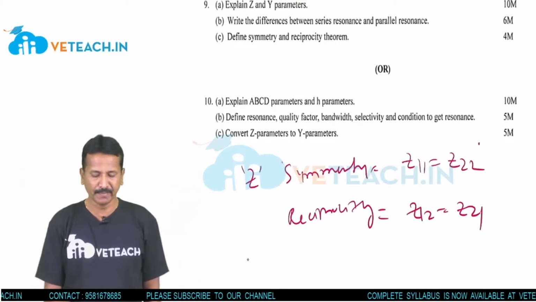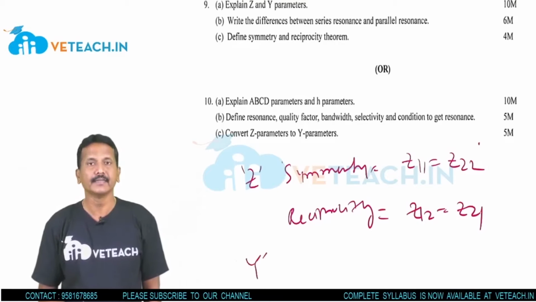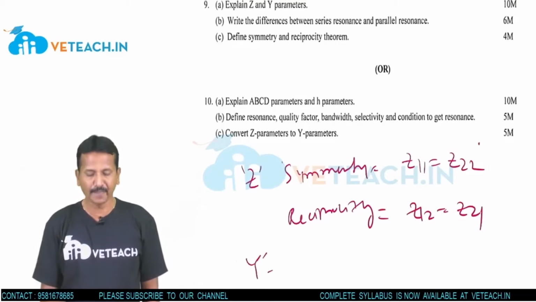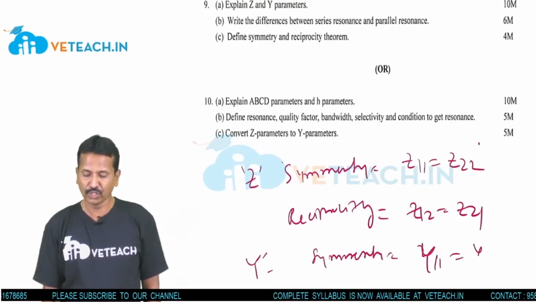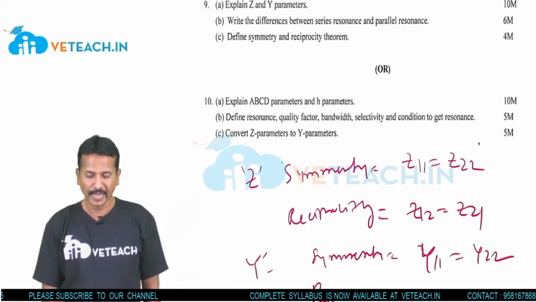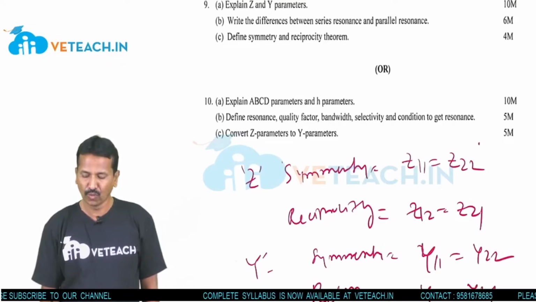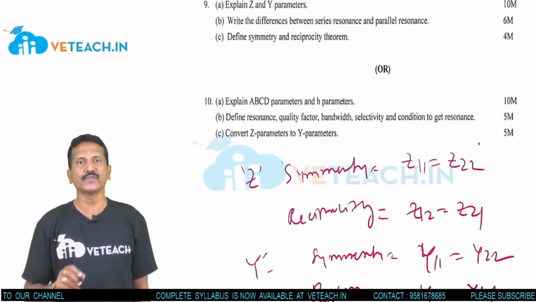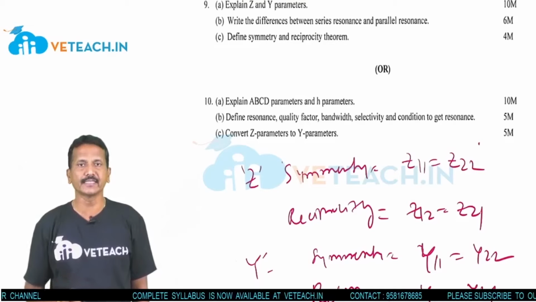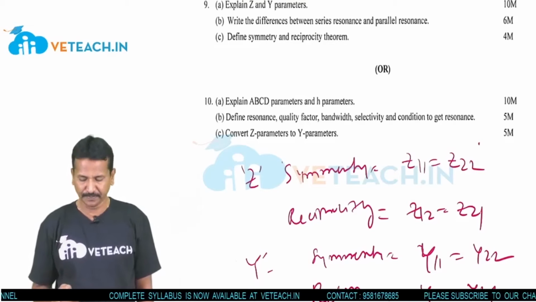These values should be the same, then only it is satisfied. Or for Y parameters, the symmetry condition is Y11 is equal to Y22 and the reciprocity condition is Y12 is equal to Y21. Okay, so in two-port when we are finding things, this is also very important: the symmetry condition as well as the reciprocity condition.